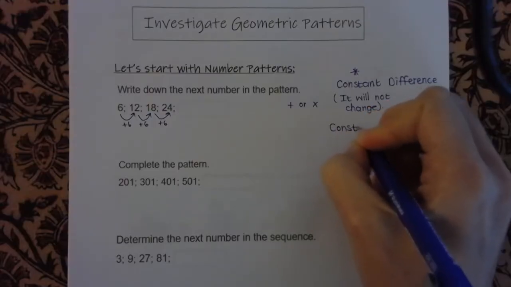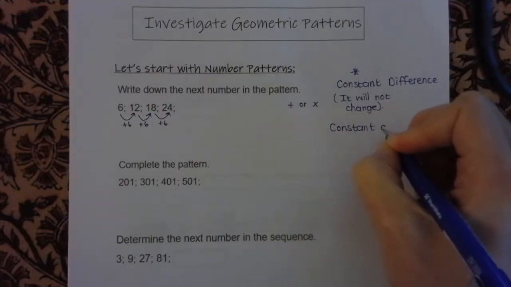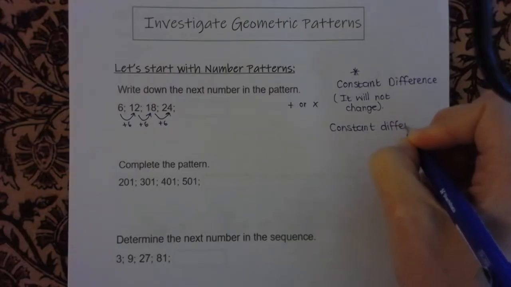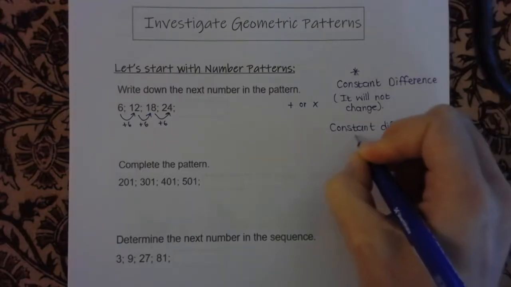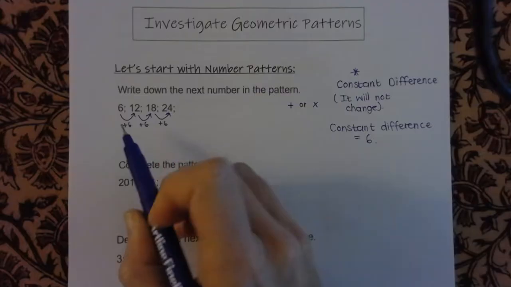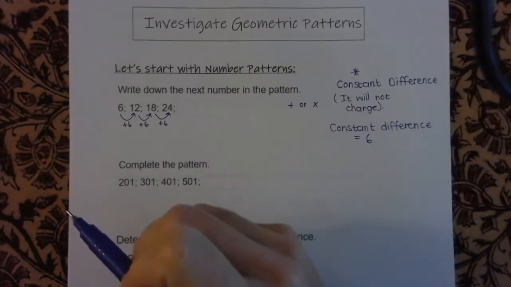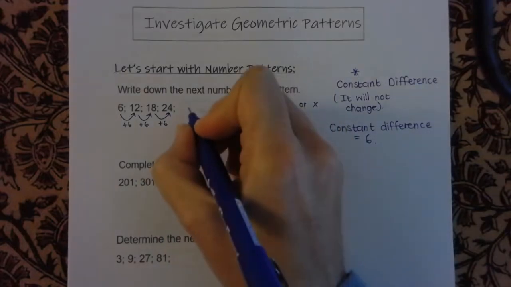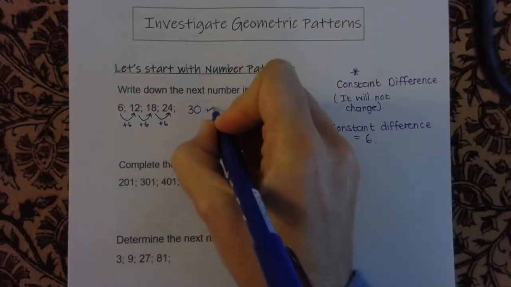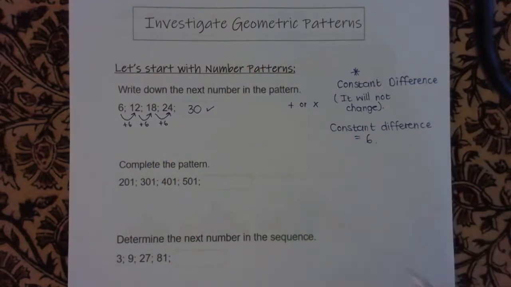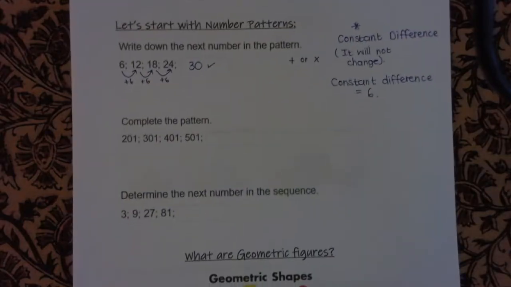The constant difference is 6. So because you add 6 every time, it's easy to get to the next number. So what is 24 plus 6? That is 30. Okay, right, so let's go to the next question.